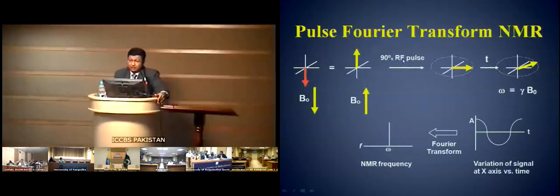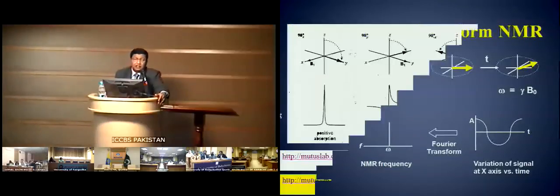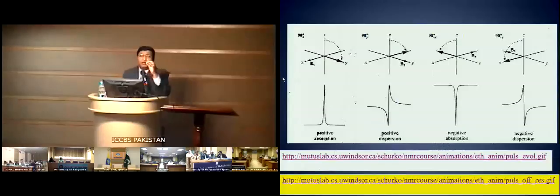This is pulse Fourier transformation. This is the 90 X pulse. Going back, this is your FID, Fourier transformation. Here I want to take 1 minute to tell you what actually happened. When you bring the longitudinal magnetization vector by a 90x pulse to the Y, and you have a detector in front of it, you see a signal like this after Fourier transformation.